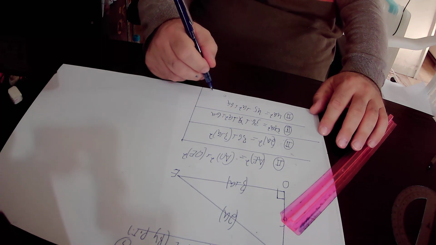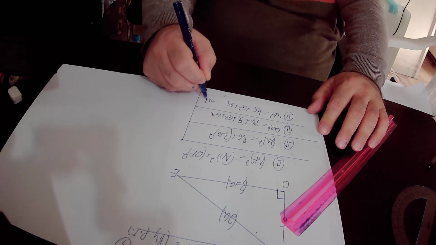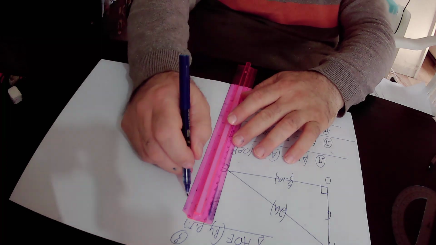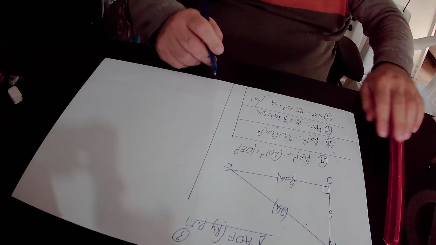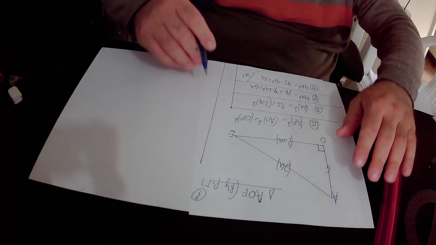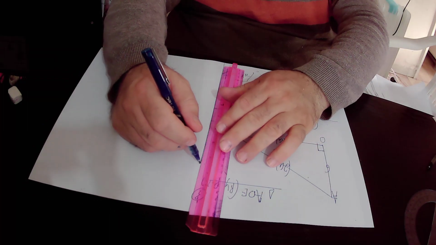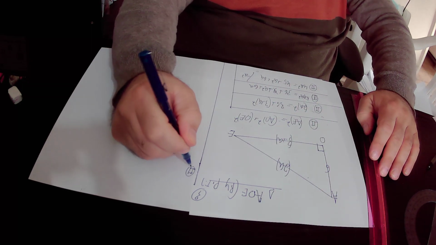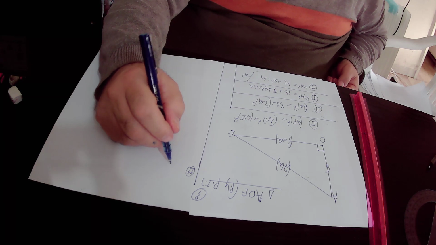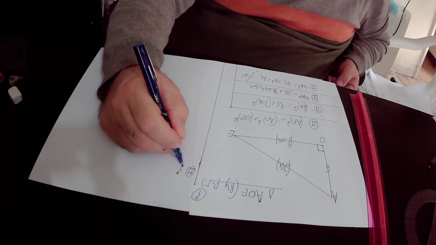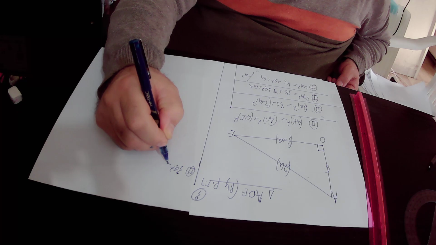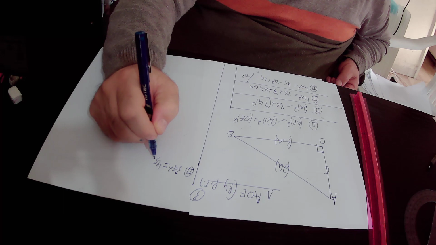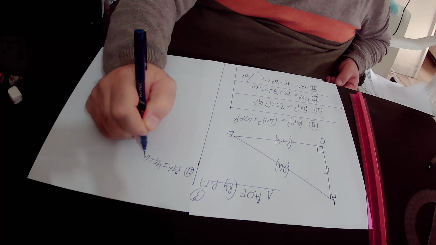Here we subtract A squared from this equation number 2, and we get that 4A squared minus A squared is 3A squared, and it is equal to 45 plus 6A.